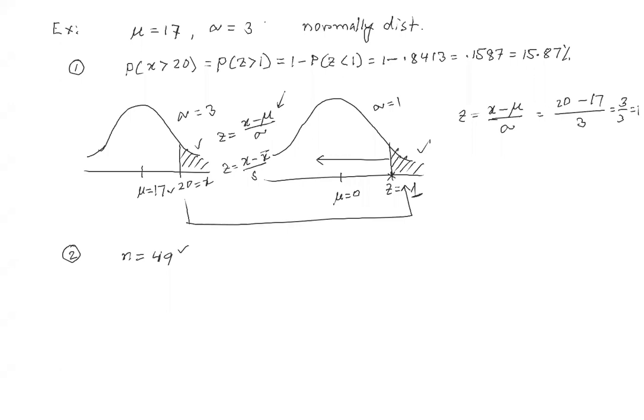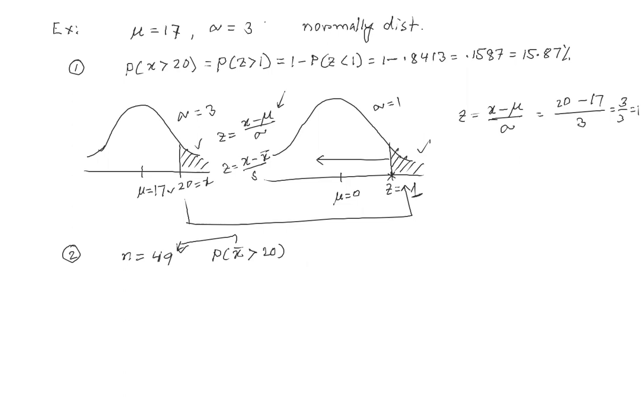So you can go ahead and do the math here. In essence, I'm asking: what is the probability that X bar, the average of these 49 randomly selected students' study hours, is going to be greater than 20?